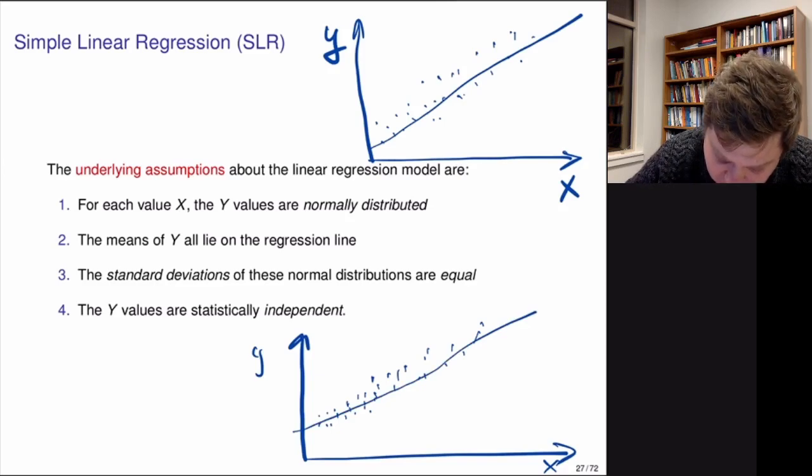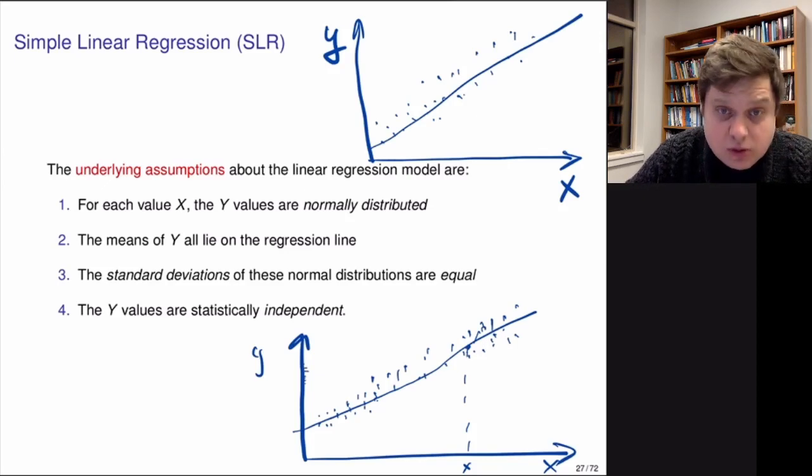If you fix a value of x, take this specific value of x here, and then you take all the values of y associated. There are going to be multiple y's associated with this value of x, right? So those values of y's have to follow a normal distribution.